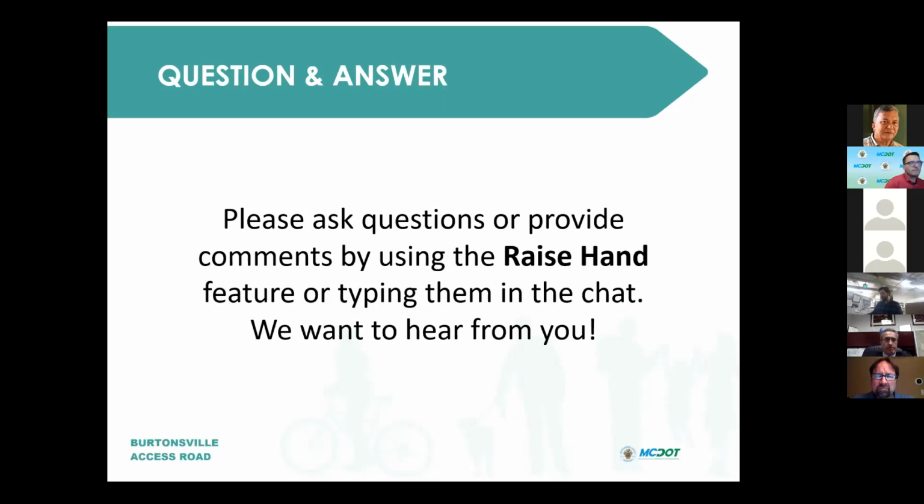So I'm concerned. You already answered my question regarding the traffic light, and I understand that's a SHA road, so it is what it is. My question is, as you look at the parking lot behind the buildings, you talk about doing some grade improvement and relaying asphalt to improve the grade of those parking lots.